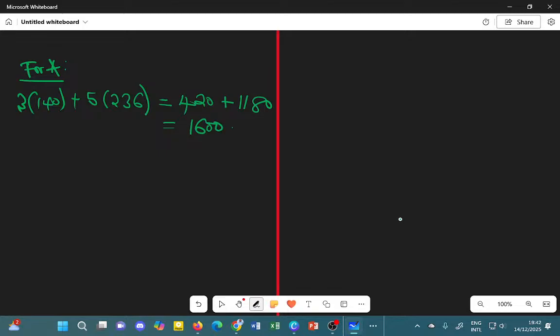Now for B, because we are working out the variable cost per unit.